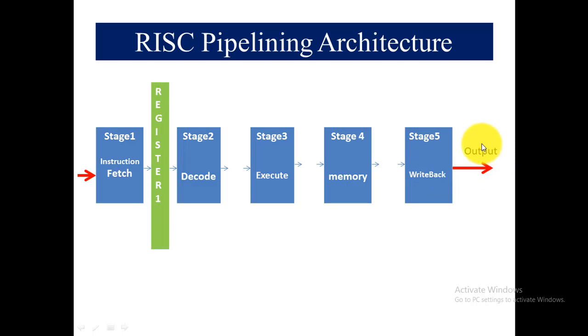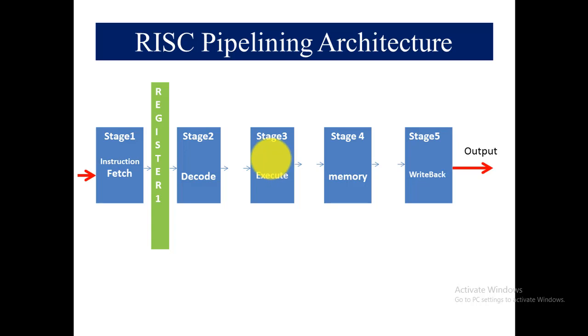So as we have discussed earlier, all the instructions usually pass through all these 5 stages, but these stages are dependent on one another. One stage's output would be the second stage's input. In the same way, the second stage's output would be the input for the third stage.